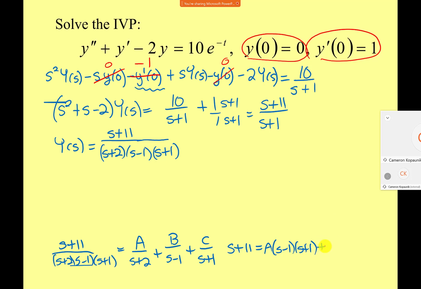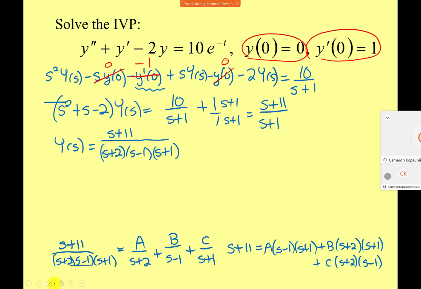And then we're going to have plus B, and the s minus 1's will cancel, so it'll have s plus 2 and s plus 1, and plus C. And on C, the s plus 1's will cancel, so it'll have an s plus 2 and an s minus 1.